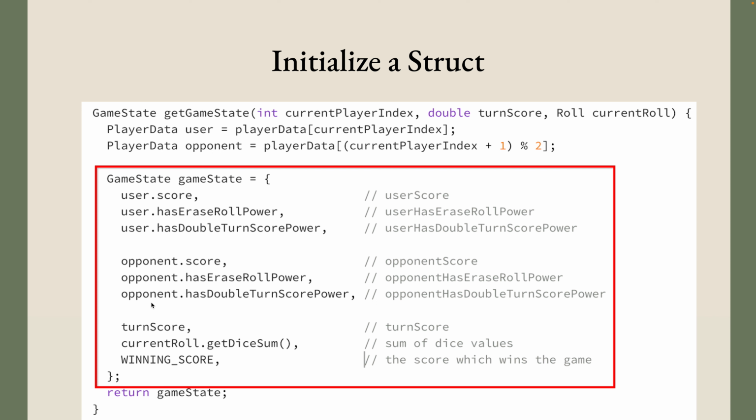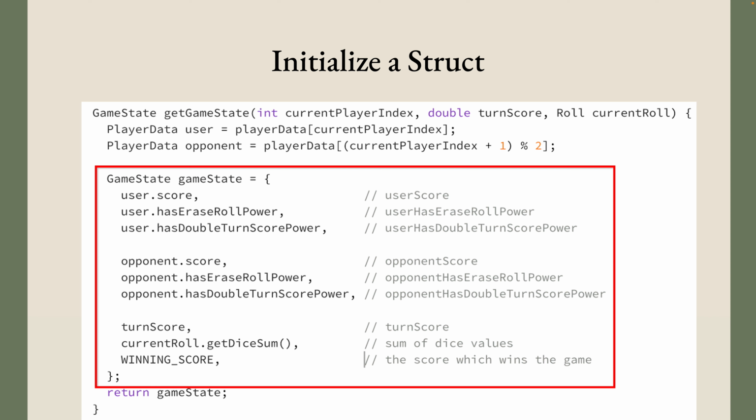So we have other variables like winning score, which in your lab you set equal to 200. Current roll dot get dice sum gives us the value of the dice. So we're essentially getting all this data from different sources, and we're putting it together in this one game state variable. And then we give you the game state variable in the function for you to use.